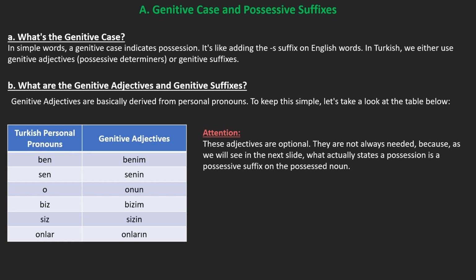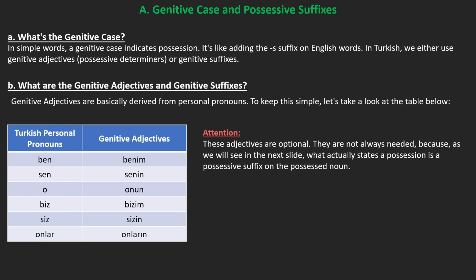When you have like my car, unlike English, we also use another suffix on car. In English, you only say my car to indicate the possession, but we use two suffixes. We put suffixes on two of the nouns. Benim arabam, yes. There's already an indicator on the car.